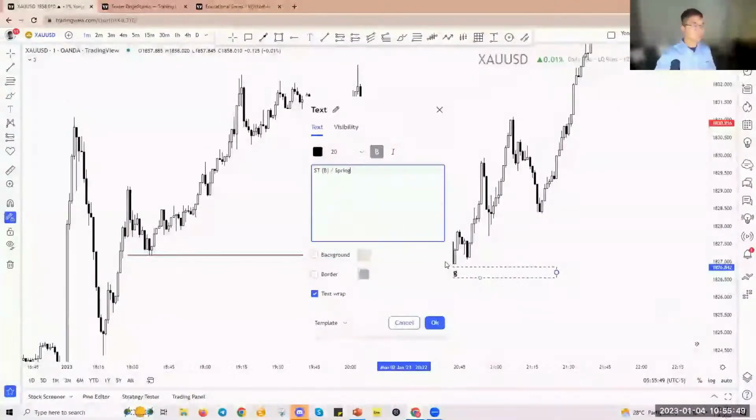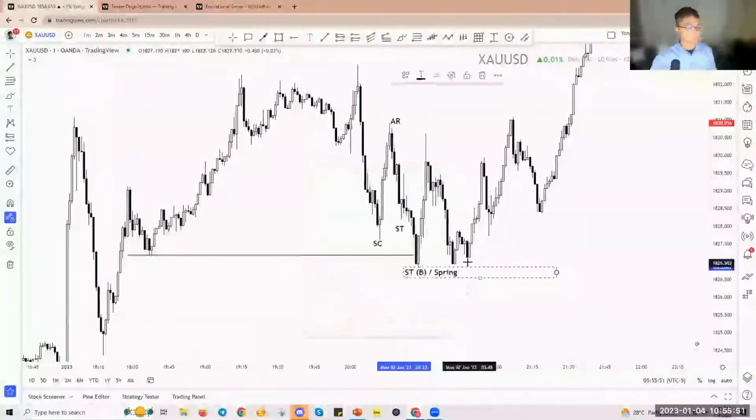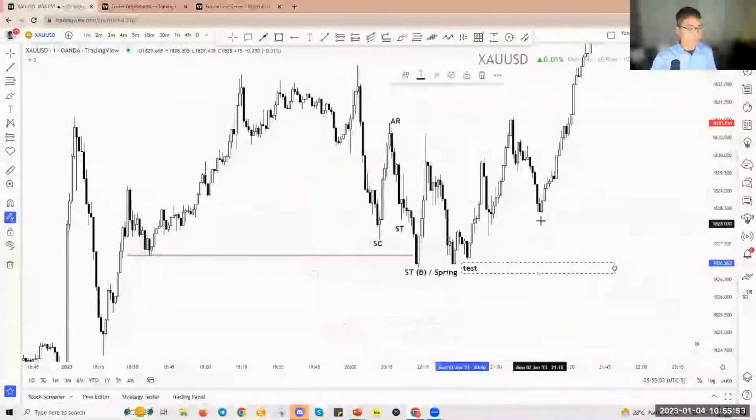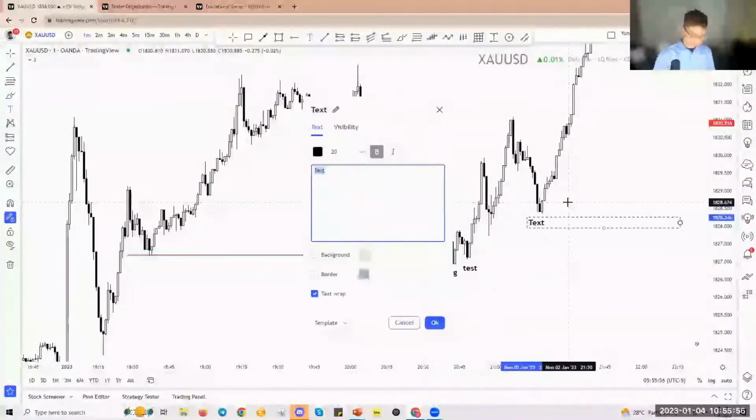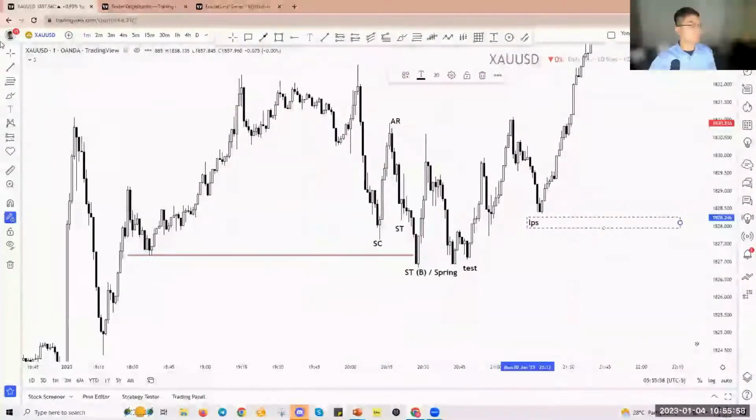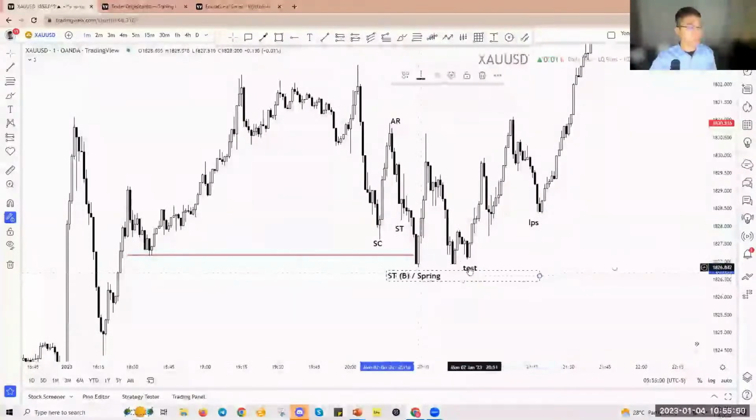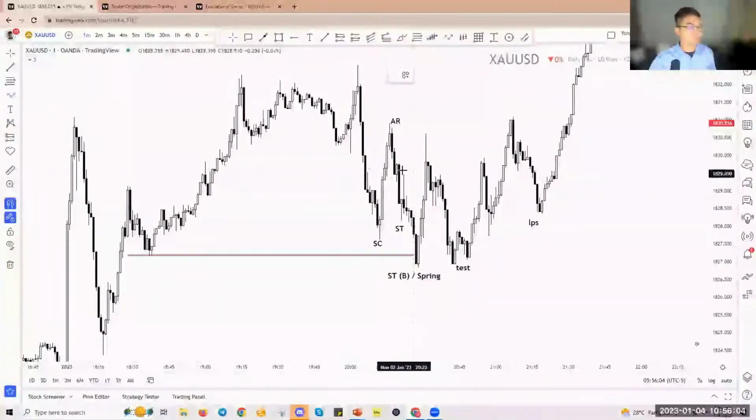STB and Spring, they are together. So next we have the test right here and the last points of supply. So why did I draw the last points of supply there? Because if I draw it out, price broke the ST.